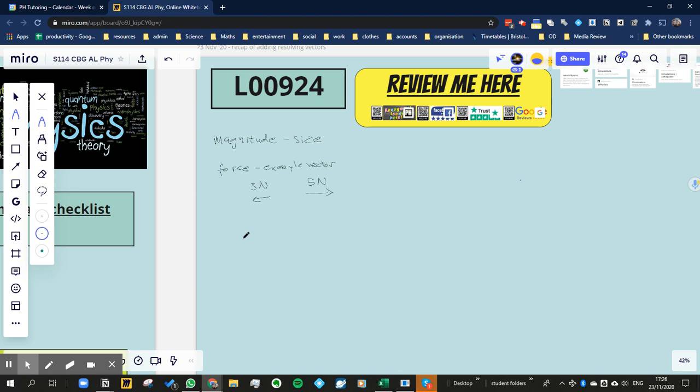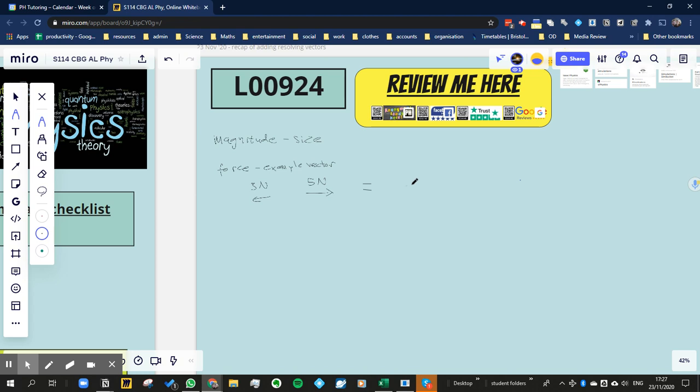Displacement's a great one to add because you can visualize it. Displacement is like distance, but with the direction. So instead of saying I've traveled 5 meters, I could say I've traveled 5 meters north or 3 meters east, right?